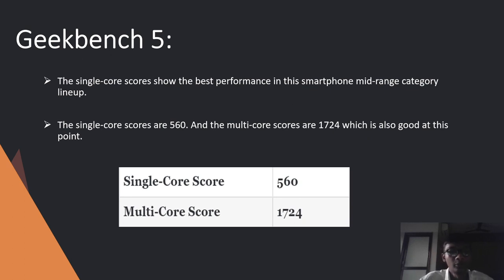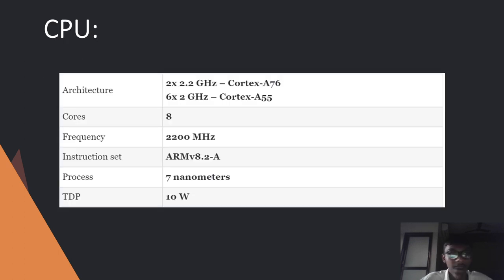There are two types of scores, single-core scores and multi-core scores. The single-core scores show the best performance in the smartphone mid-range category lineup. The single-core score is 560 and the multi-core score is 724, which is also good at this point. These scores are for the Dimensity 700.